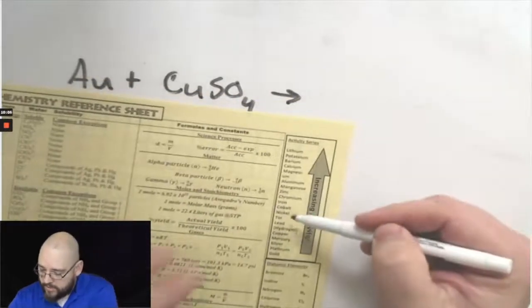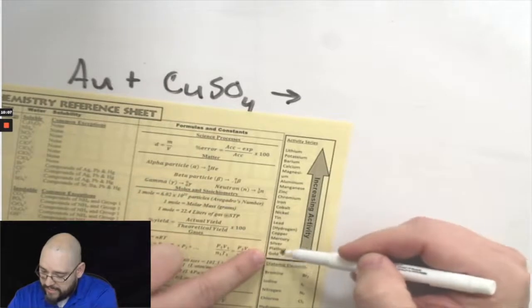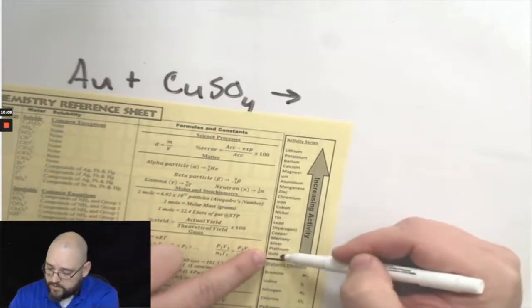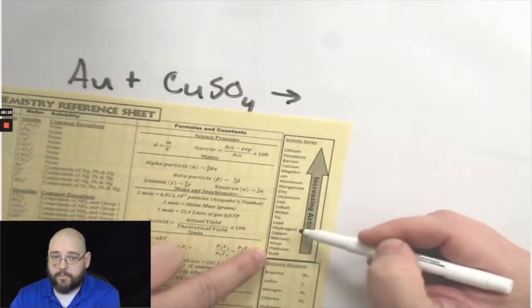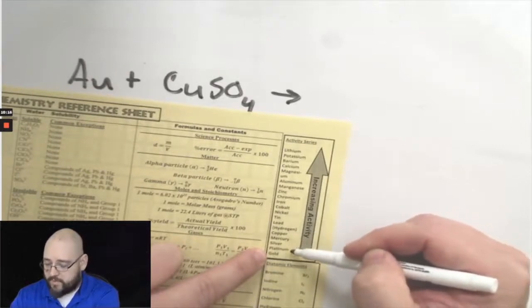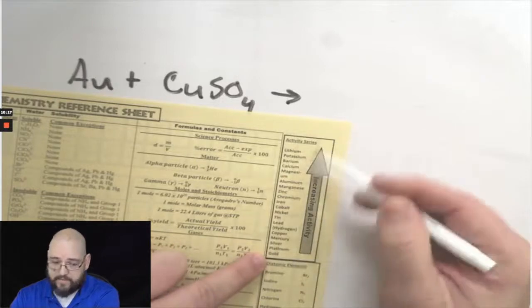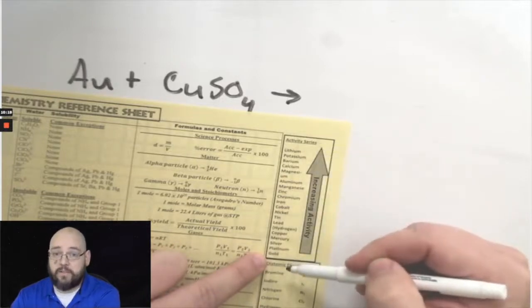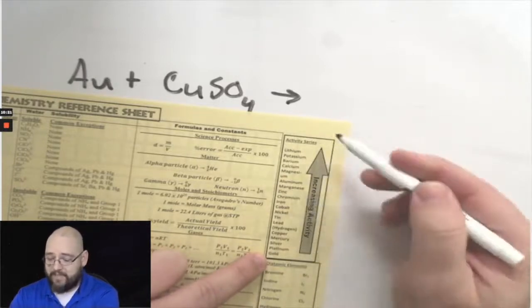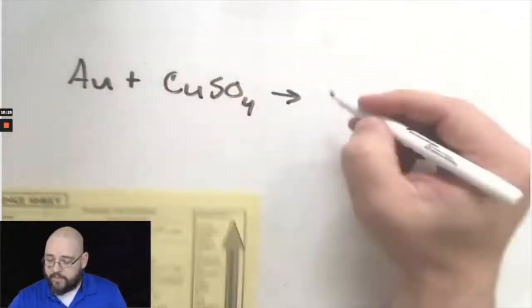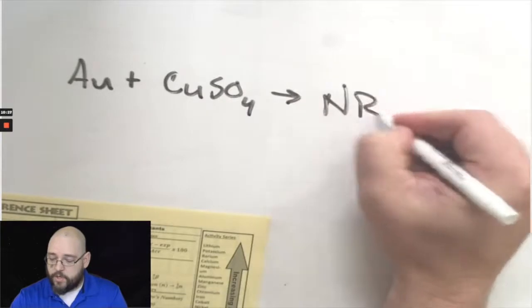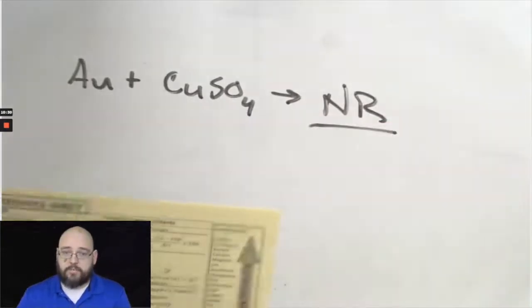Gold is down here and copper is up here. Gold is going to try to replace copper, but gold is below copper, and gold can only replace stuff that's below it. On this activity series, gold is the lowest one, so gold can't replace any of these.